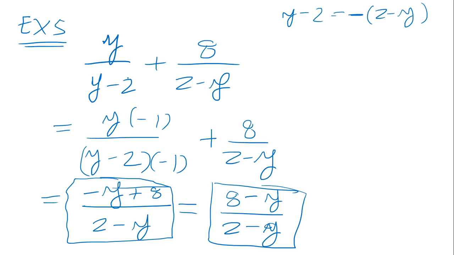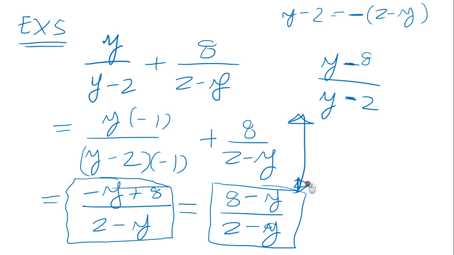And actually the book has, if I can get this dot to show up, what's going on here? And actually your text has it as y minus 8 over y minus 2. Now I am not going to explain or defend why these are the same. I want to let you convince yourself as to why these two are the same.